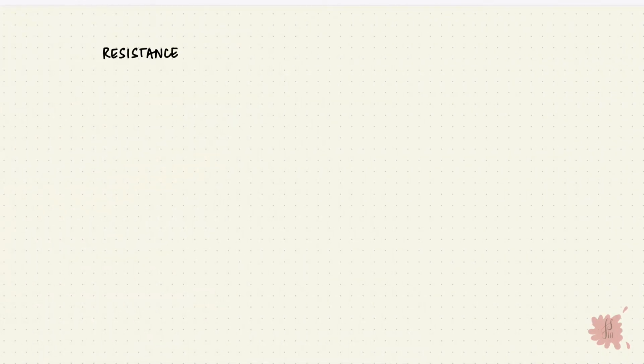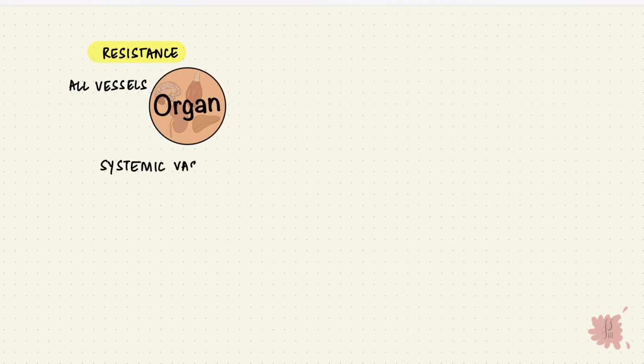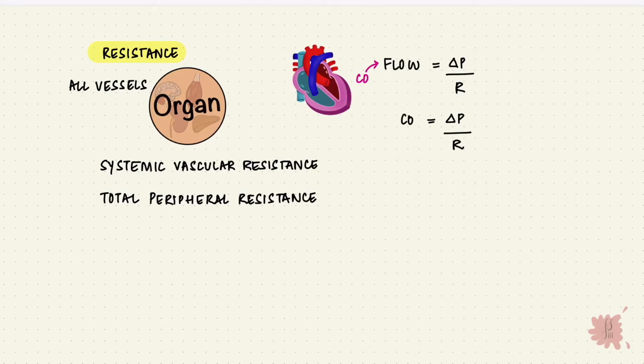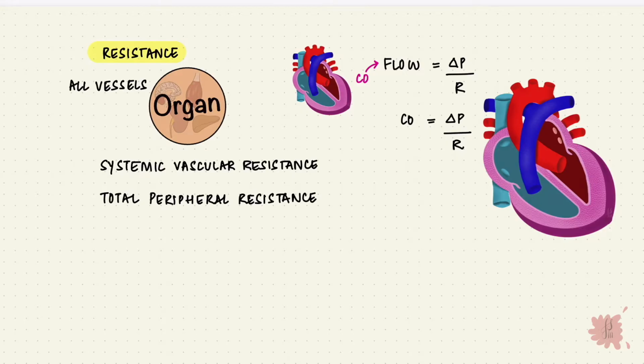The resistance offered by all the vessels through systemic circulation is the systemic vascular resistance, also called the total peripheral resistance. The flow through the systems is the cardiac output. So the cardiac output will be the change in pressure over resistance. The pressure gradient would be the difference between that in the aorta and the right atrium.